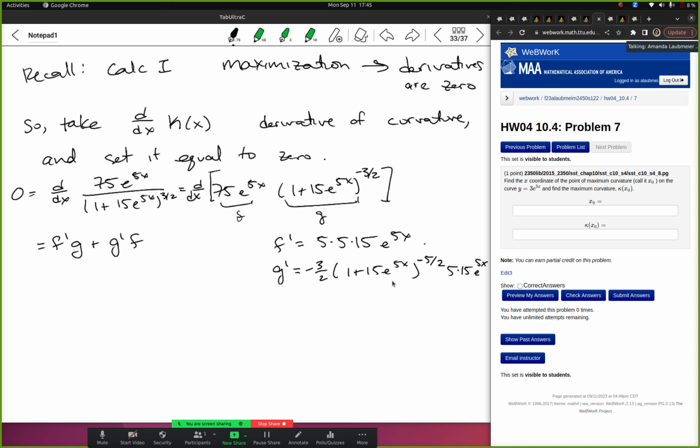All right, so I'm going to go ahead and just plug those things in. So I have 5 times 5 times 15 e to the 5x for my f prime.